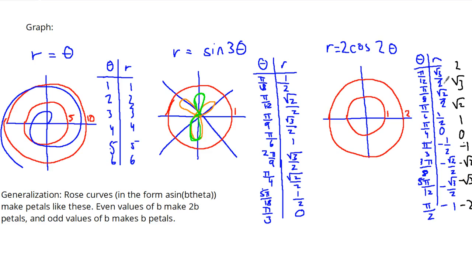So it starts at 2, and then it goes kind of right here, and it goes kind of right here, and then at pi over 8, it goes to square root of 2, so it goes like right here, and then at pi over 6, it goes to 1, so like right, okay, I need to draw this better. So like right here, and then pi over 4 is 0, so right here it's 0.